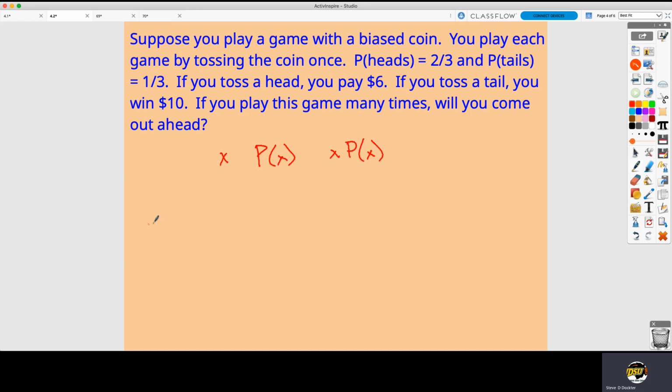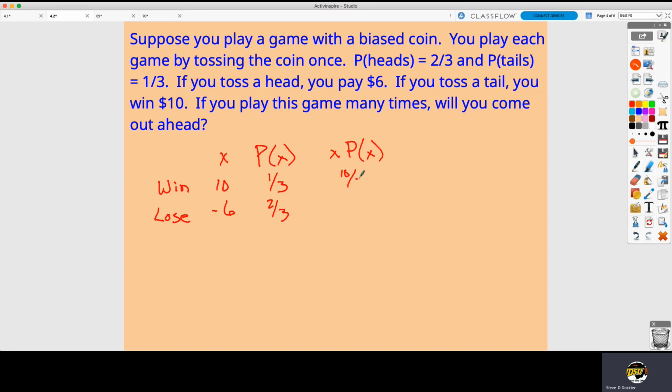The money, yeah? So if you win, you're going to have a positive 10. If you lose, it's going to be a negative 6. We know the probabilities. Probability of winning is 1/3. Probability of losing is 2/3. Then we just have to multiply those together.